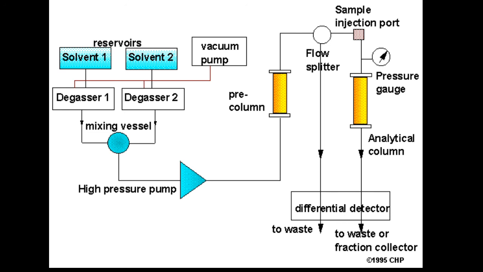Based on the differential solubility of the solute in the two phases, we get the separation. And then after that, the solute comes out from the column. It gets detected in the detector. So this is the working procedure of HPLC.